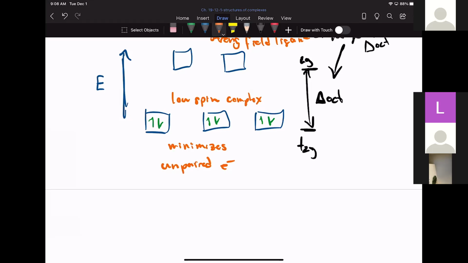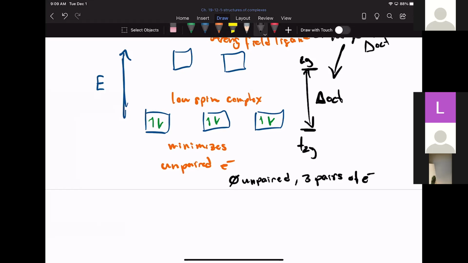A complex with a strong field ligand will minimize unpaired electrons. Here we see that we have 0 unpaired electrons, and we have 3 pairs of electrons. I should put pairs, not paired. 3 pairs of electrons.